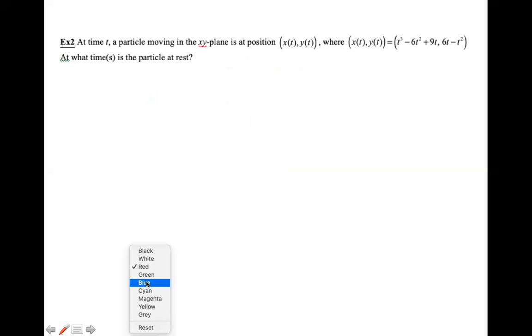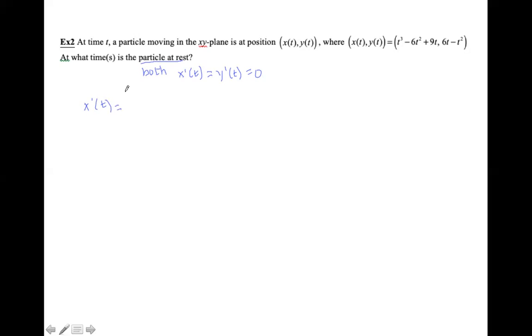So a particle at rest with parametric functions is where both x prime of t and y prime of t are each equal to 0. So I need to find x prime of t.